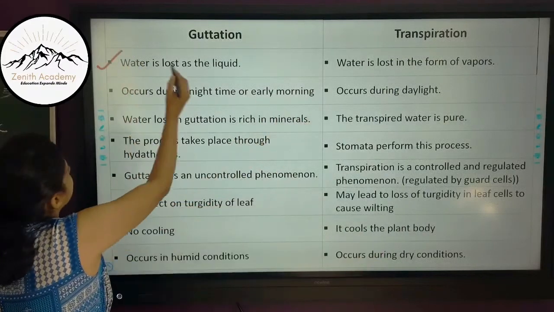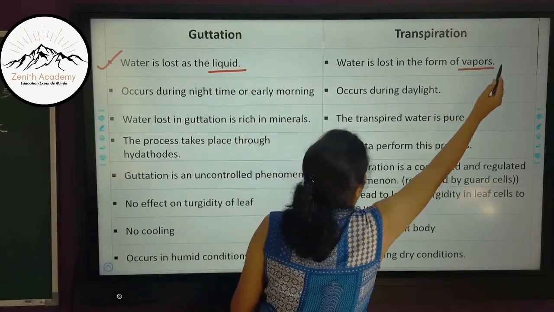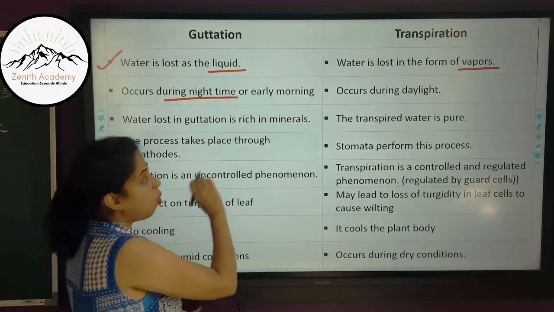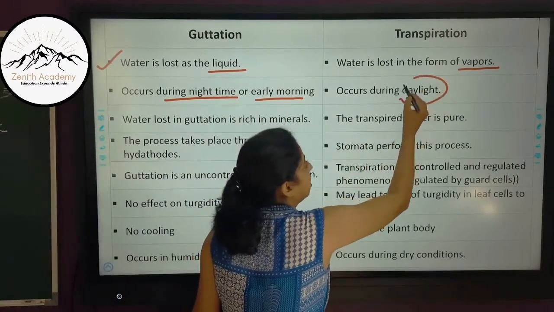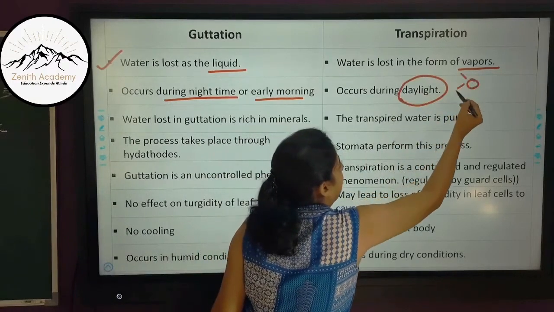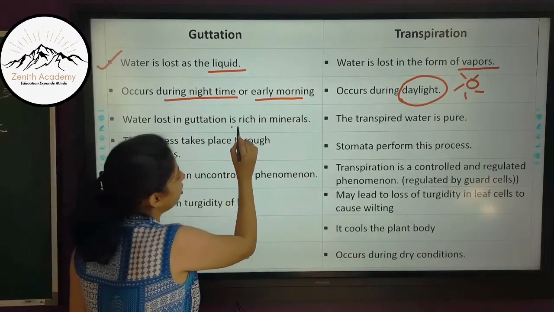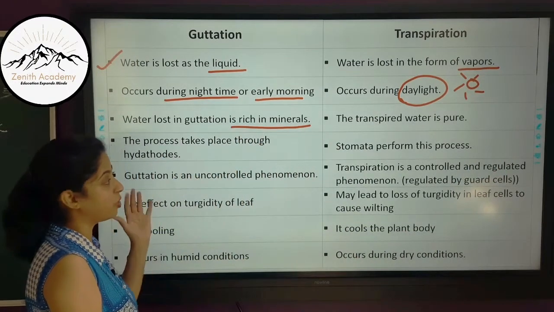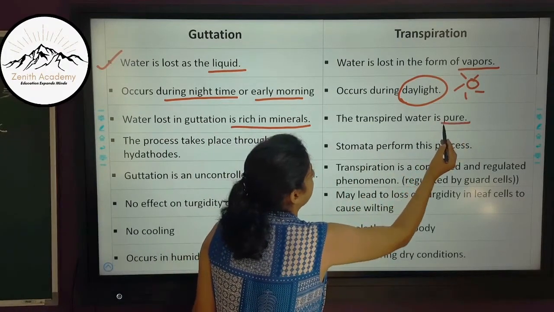So the first, in guttation water is lost as liquid, whereas in transpiration it is in the form of vapors. Second, guttation occurs mostly during night time or early in the morning, whereas transpiration occurs during daylight when the intensity of sun is high. Now water lost in guttation is rich in minerals, because it dissolves all the cellular components we have just studied, whereas the transpired water is pure, only pure water.